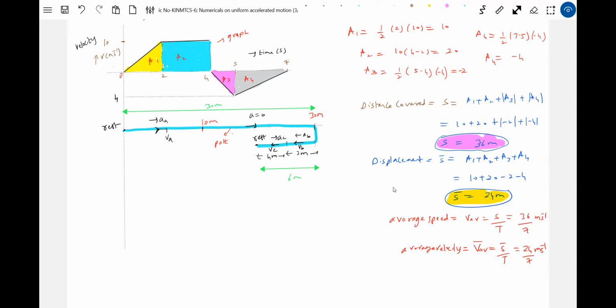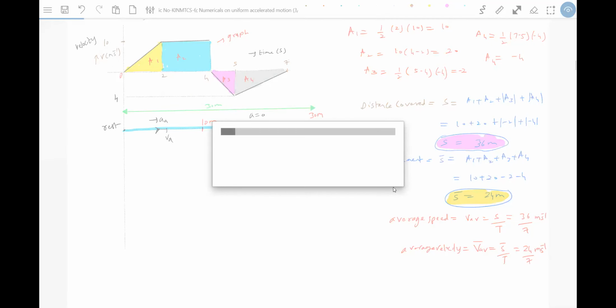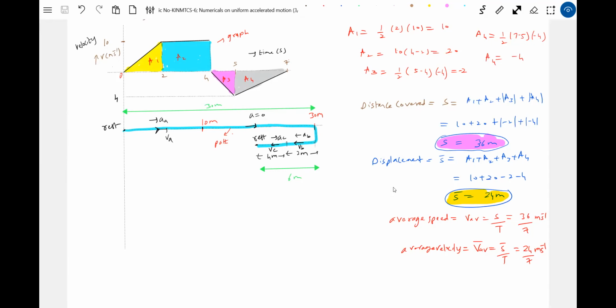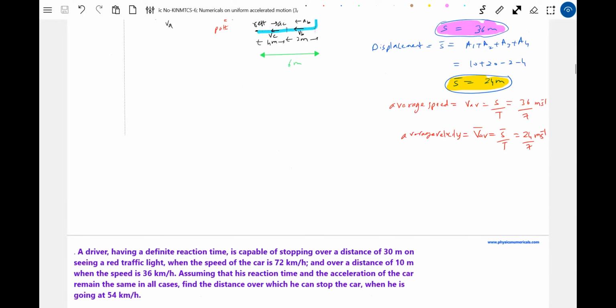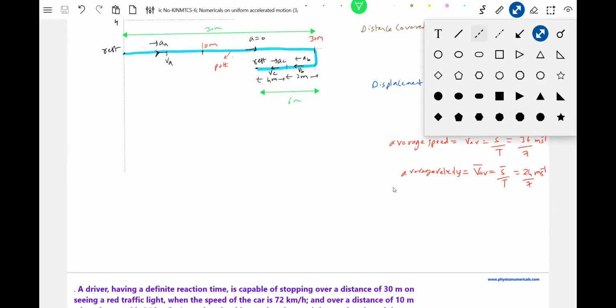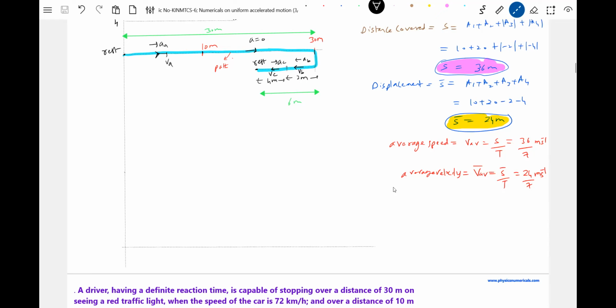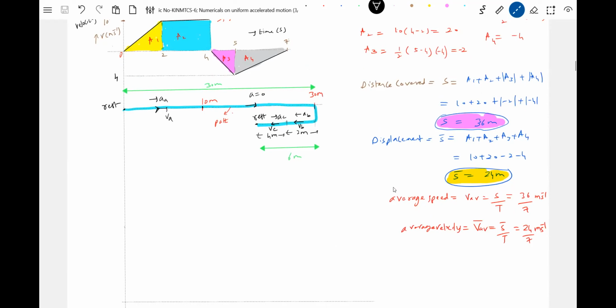Can we plot a position versus time graph? I think this will be really very important for students. They must develop it from the beginning only. If you know one graph, how to plot the other one. Okay, I do have space. I'll try to accommodate here only. First, what is the type of motion? Uniform velocity motion.